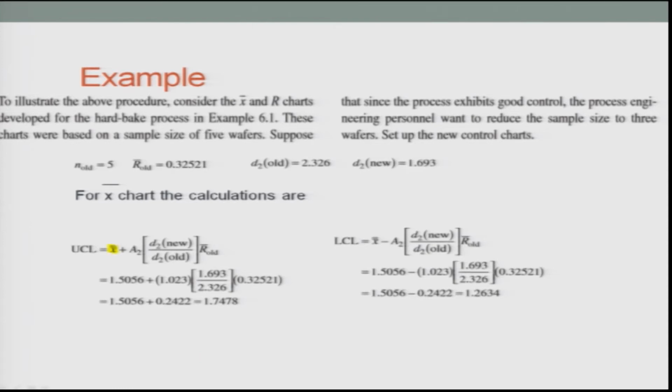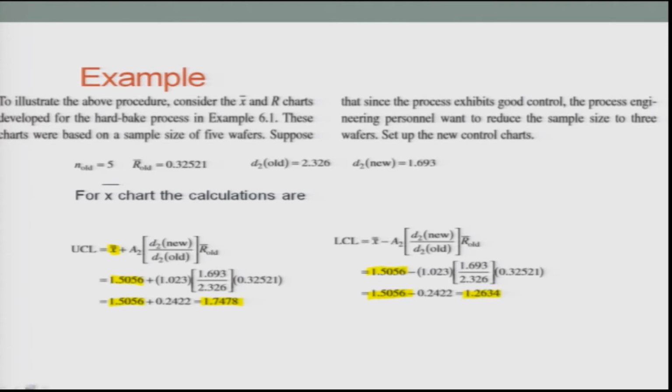This value remains as 1.5056, but for the ratio of the plus and minus limits, they would be a ratio of new to old, which comes out to be less than 1, because it is 1.69 divided by 2.36. So, the values which you calculate accordingly are now 1.74 and 1.26.